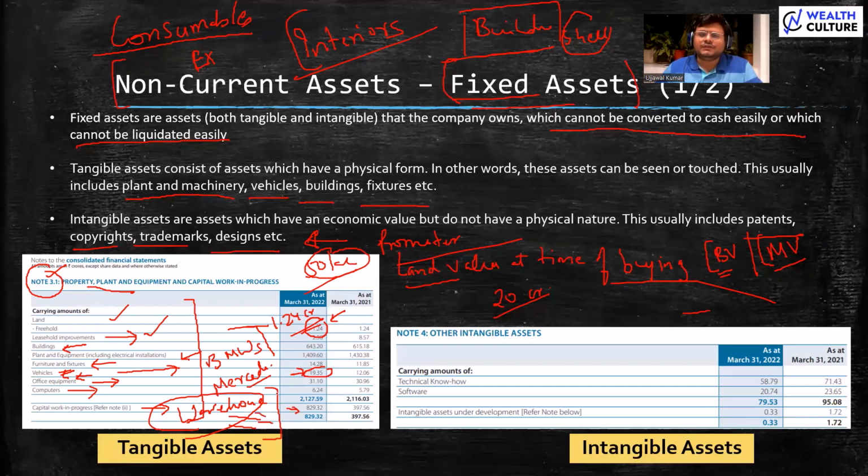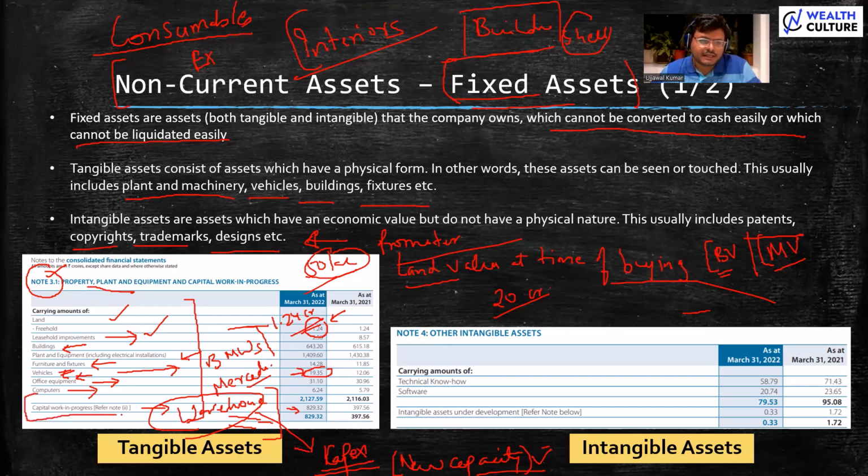And this is a very important line item, especially from an investing point of view, because this tells me how much capex is happening. What sort of new capacity is coming in the company? Where are they investing? How much are they investing? And how much revenue generation will this new capacity lead to, right? That sort of understanding you get when you look at this line item, capital work in progress.